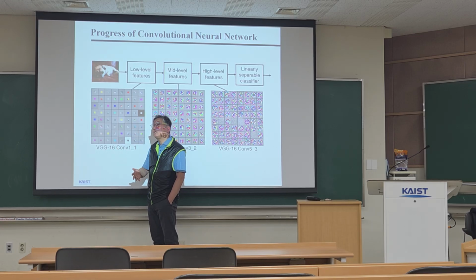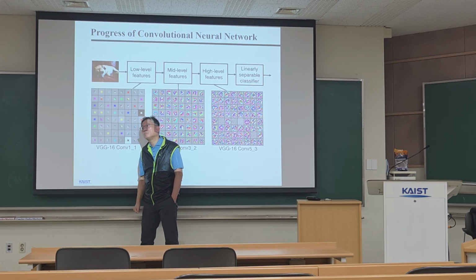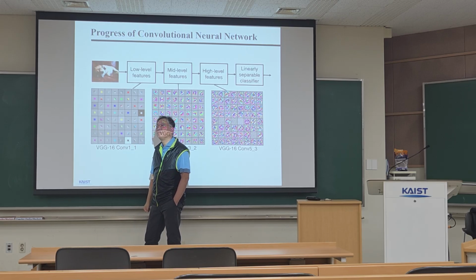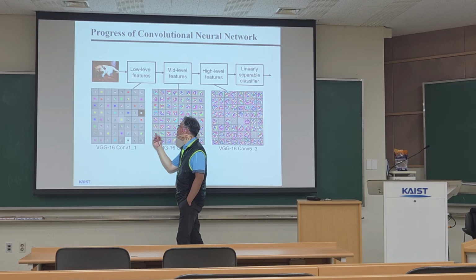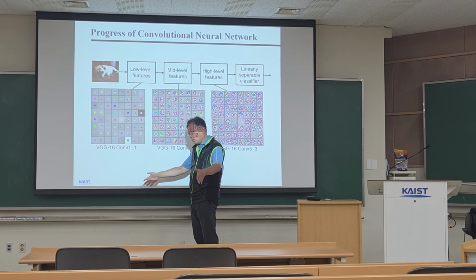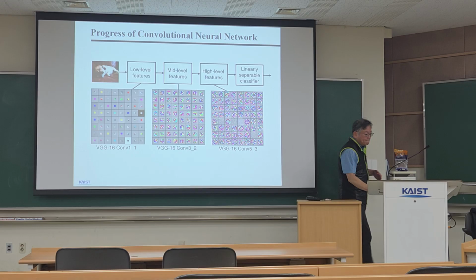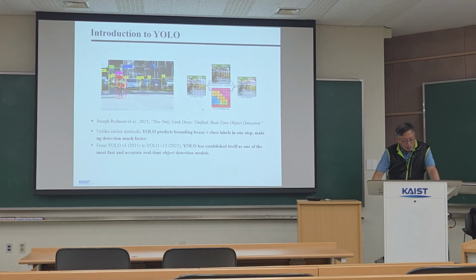What you're doing is finding the weights, doing an inner dot product with the weights, and that will give you a feature. The second layer would have different weights, and it would have a wider scope.